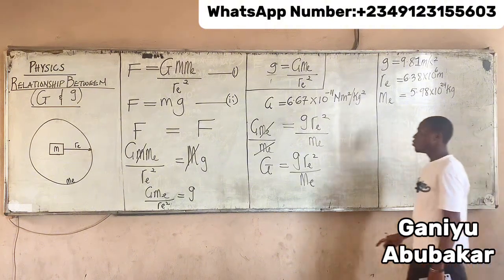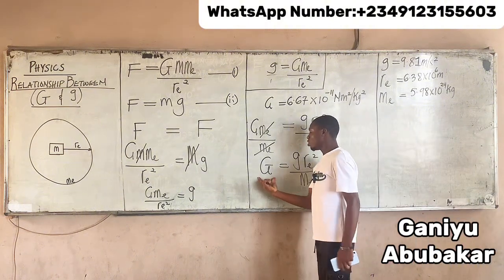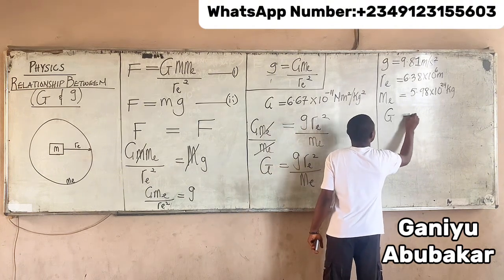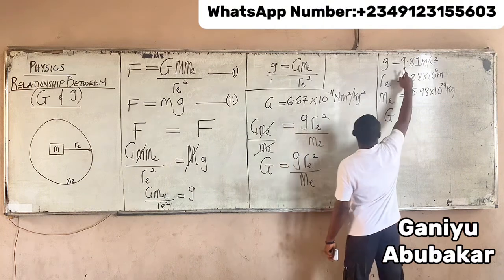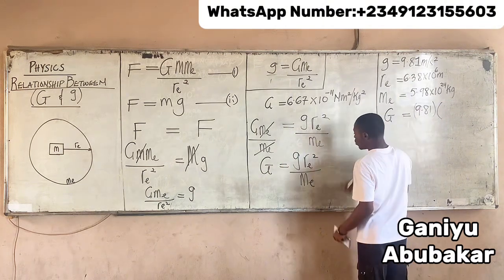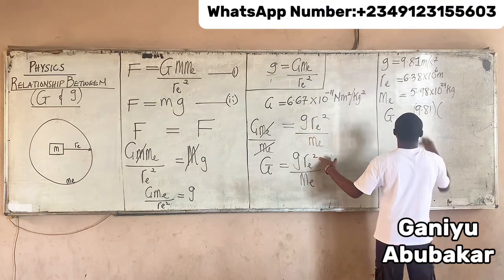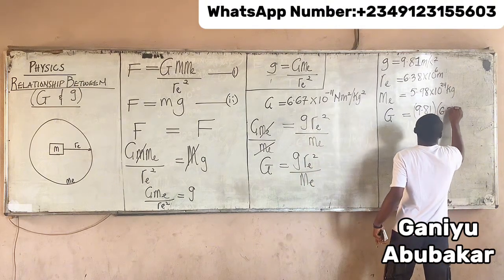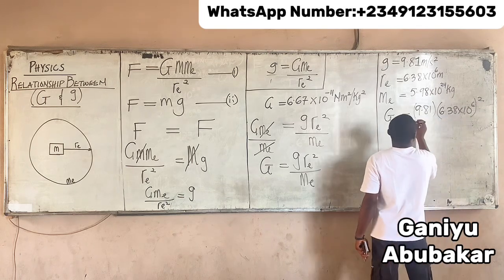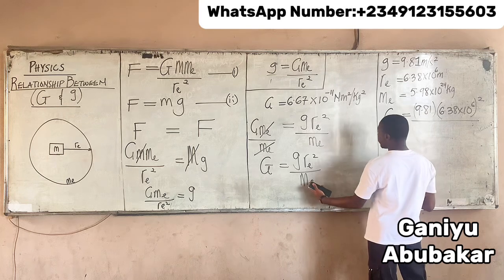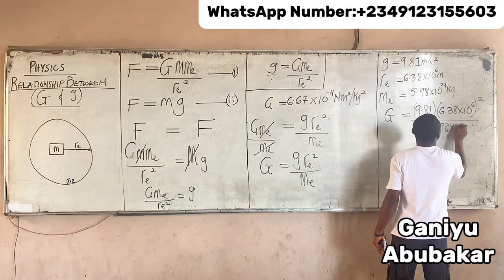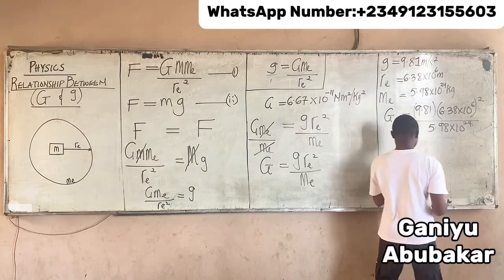So in essence, to get the value for G, capital G is equal to small g, that's 9.81, times RE squared, that's 6.38 times 10 to the power 6 all squared, all over ME, the mass of Earth, 5.98 times 10 to the power 24.